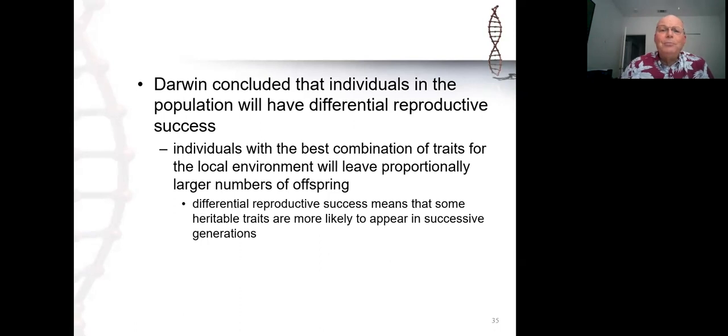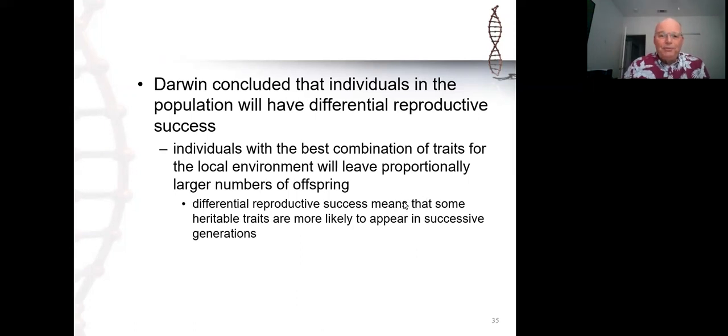If this happens over many generations, then it stands to reason that the individuals in the species are going to be more like the winners than the losers. The losers will become less and less prevalent in the population, and the winners will become more and more prevalent, percentage-wise, in the population.